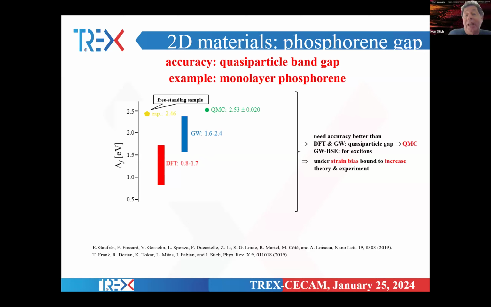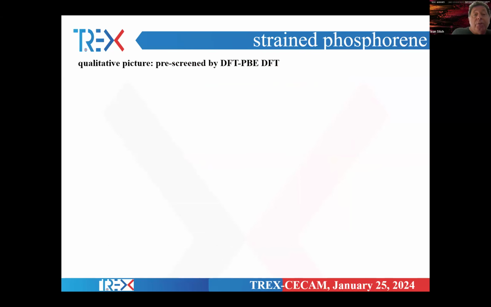So from this slide, it is clear that we need methods with much better accuracy than DFT and even GW. And if I apply strain, things may only get worse. This is why we do these QMC calculations.